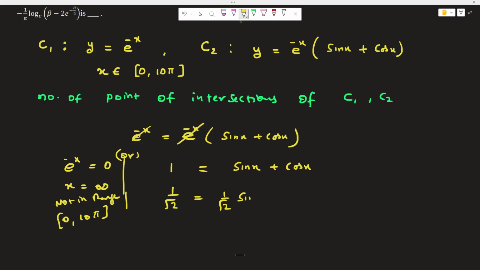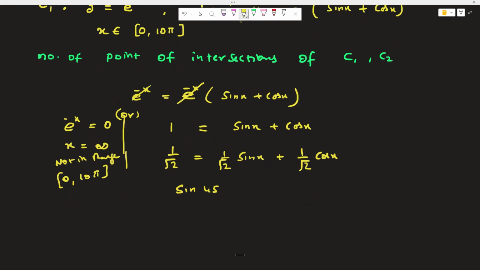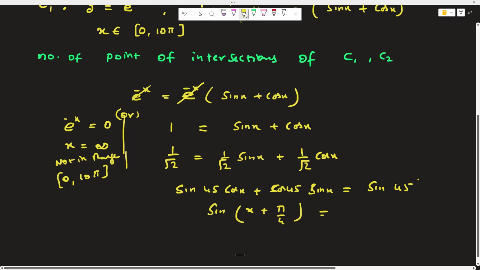So 1 by root 2 sin x plus 1 by root 2 cos x, and 1 by root 2 can be represented as 45 degrees, so cos 45 degrees into sin x plus sin 45 degrees into cos x is equal to sin 45 degrees. Of course, you can also write pi by 4. So the left side becomes sin of x plus pi by 4 is equal to sin pi by 4.